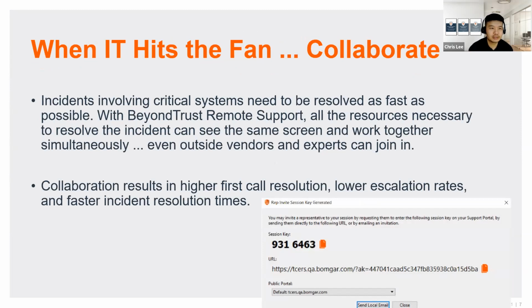Having an incident for a certain critical system that needs to be resolved as quickly as possible, there is a collaboration tool built into the solution itself that allows us to do escalations quickly for our support process.